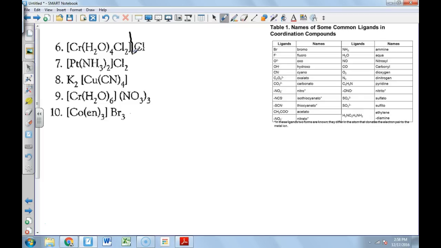We want to talk about the positive side and the negative side, just like in normal compounds like sodium chloride, NaCl. There is a positively charged side and a negatively charged side, and we have rules for naming the positive cation and rules for naming the negative anion.